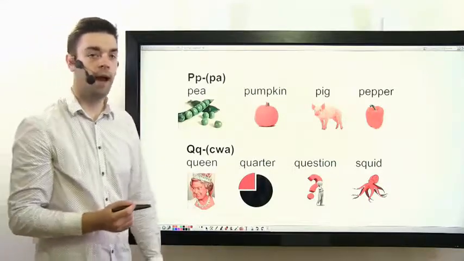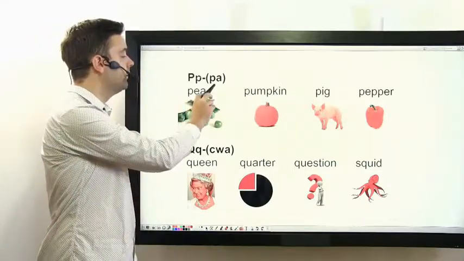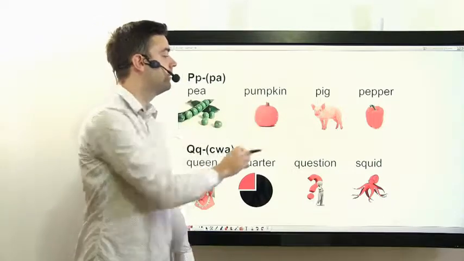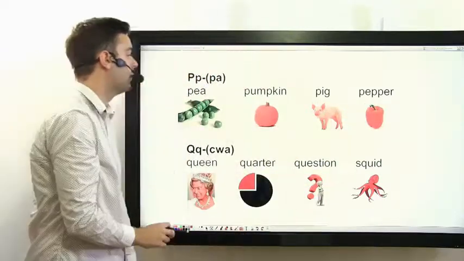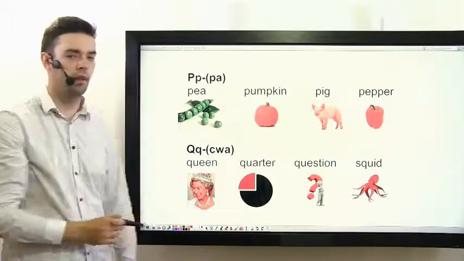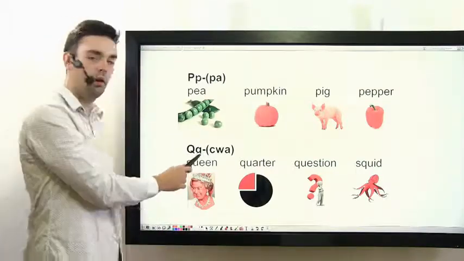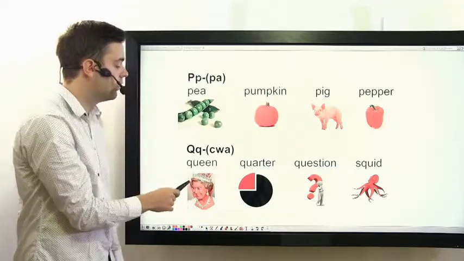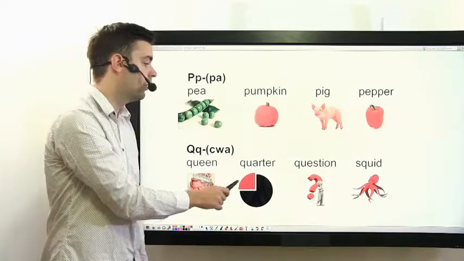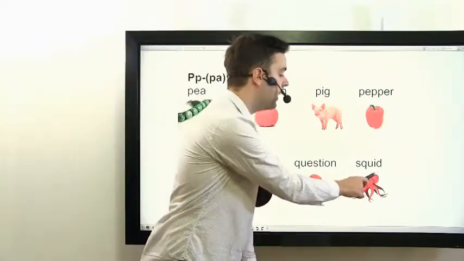P, pumpkin, pig, pepper. Q, queen, quarter, question, squid.